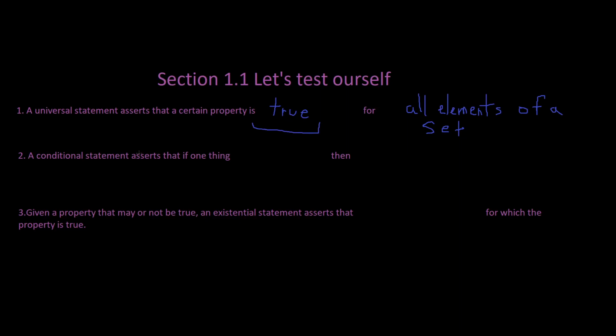So a conditional statement asserts that if one thing is true, so you can't have a statement unless it's true or false, right? So it's either going to be true or false. In this case, we're talking about statements that are going to be true for something. A conditional statement asserts that if one thing is true, then something else also has to be true, right?